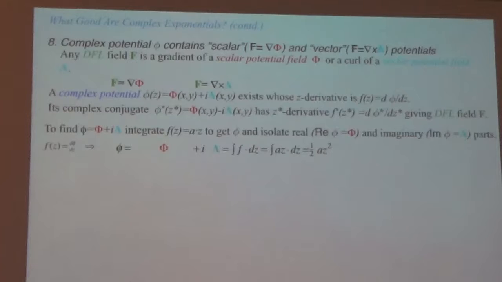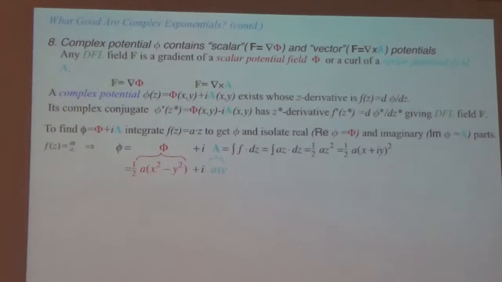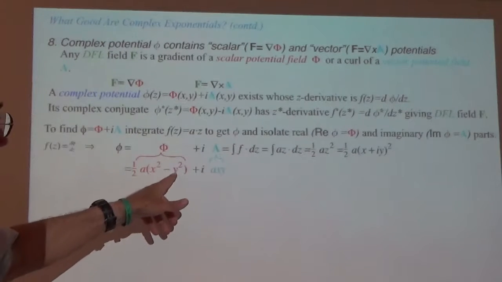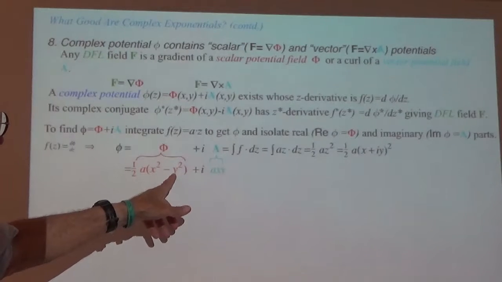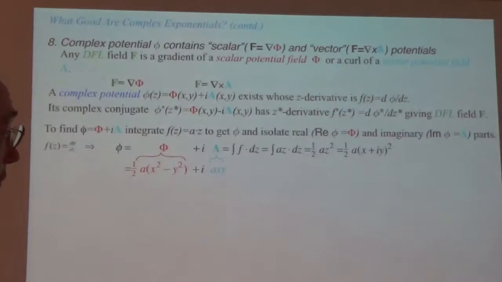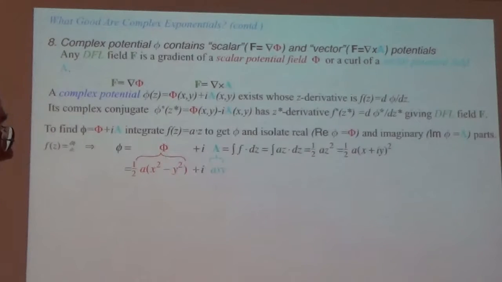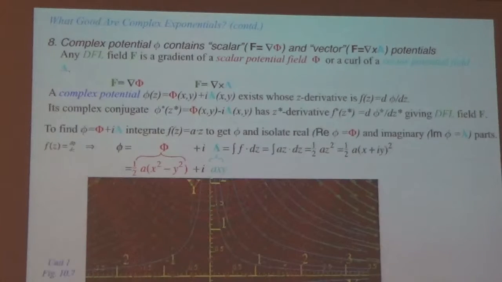Az dz integrated is 1/2 az squared. Then you expand it. You expand the x plus iy squared. Real part, x squared minus y squared. Imaginary part, xy. Actually 2xy, but I had a 1/2. That's this 1/2 that will be bugging us for all of these things.